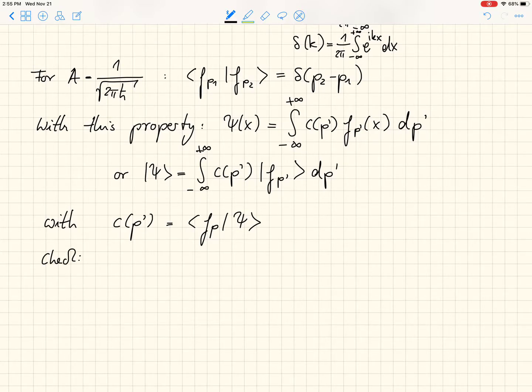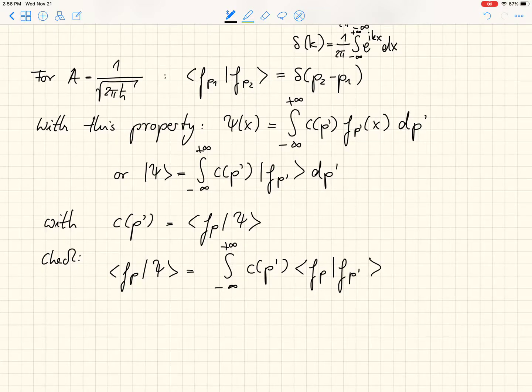So Fp with psi is equal to the integral from minus infinity to plus infinity, let's see, of p dash times Fp dash.